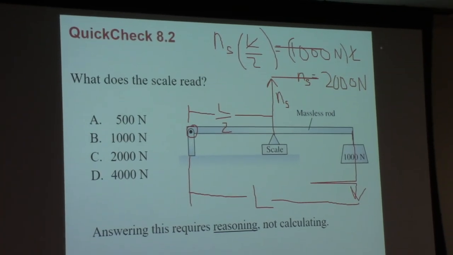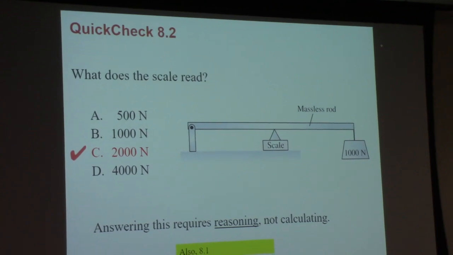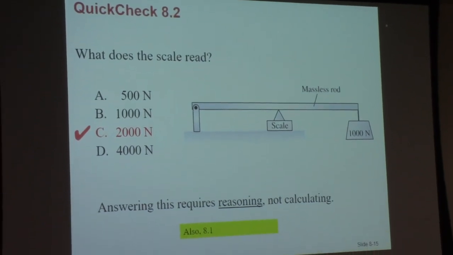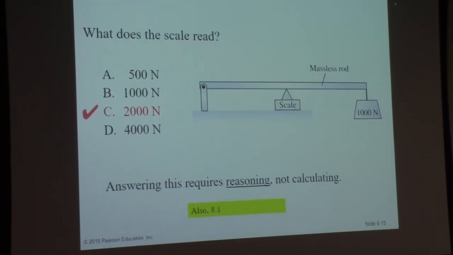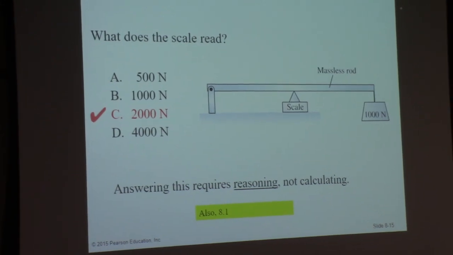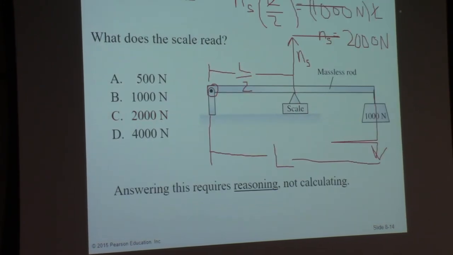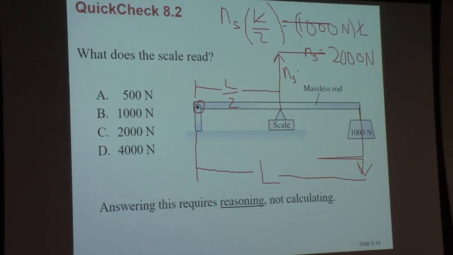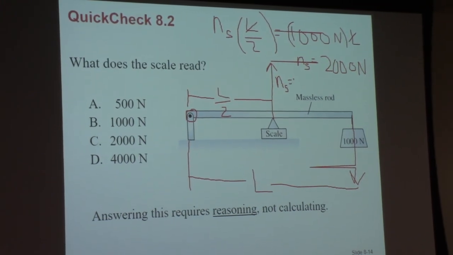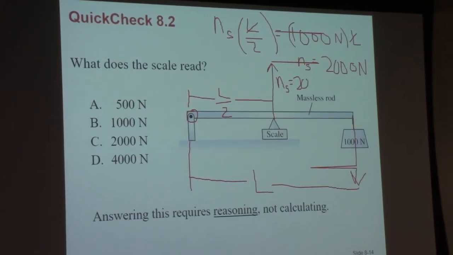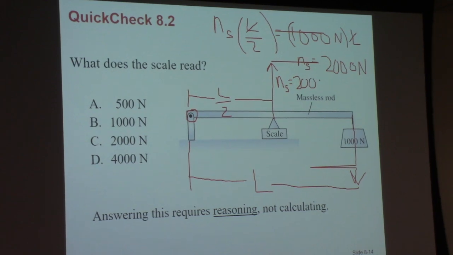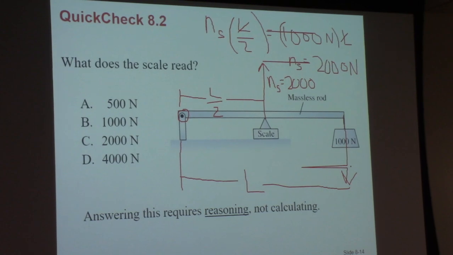All right, excellent. Any questions on that one? Let me just say one more thing about this one. If the normal in the scale is 2,000, and that's up, and you've got 1,000 newtons over here that's down, don't all the up forces have to be equal to all the down forces?